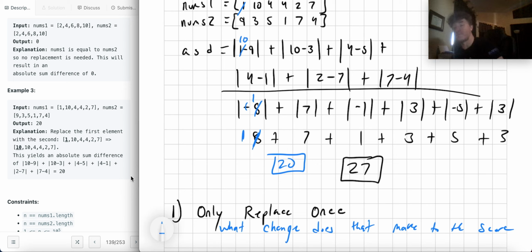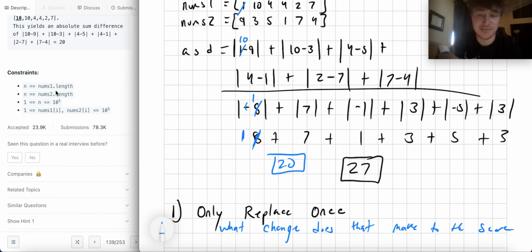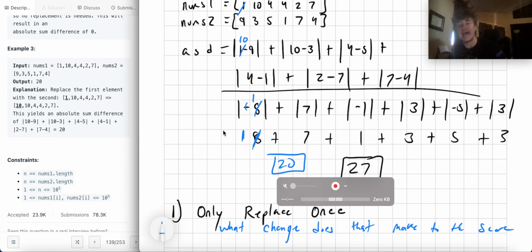The reason this is important is you don't want to make a change and then calculate the whole array again. It's going to be far too slow because we're dealing with 10 to the 5 here. So we can't have a situation where we go through each element and see, if we replace it, what does that do to our score, but recalculate everything each time. And you'll notice here that I didn't have to recalculate everything.